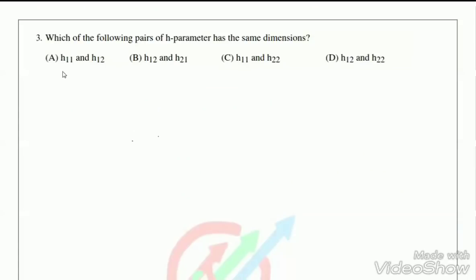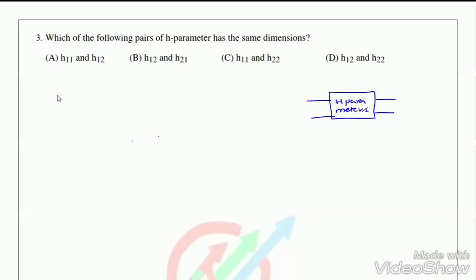And the next question: which of the following pairs of h parameters has the same dimensions? H parameters means it's a two-port network which will have two terminals at the input side and two terminals at the output side.